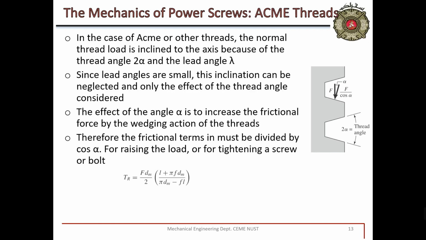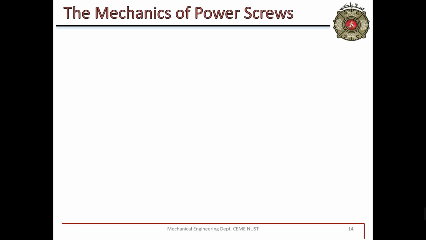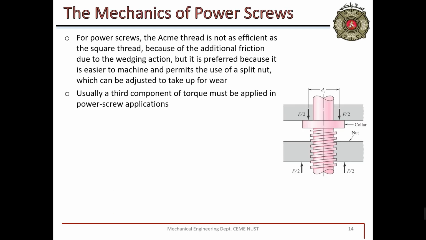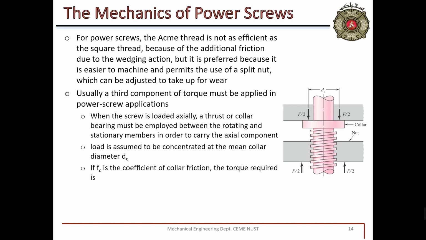Similarly, we have calculated TR and TL for acme threads. One way to increase self-locking is by decreasing friction or decreasing lambda, or we can apply a collar. Here we have used a collar.